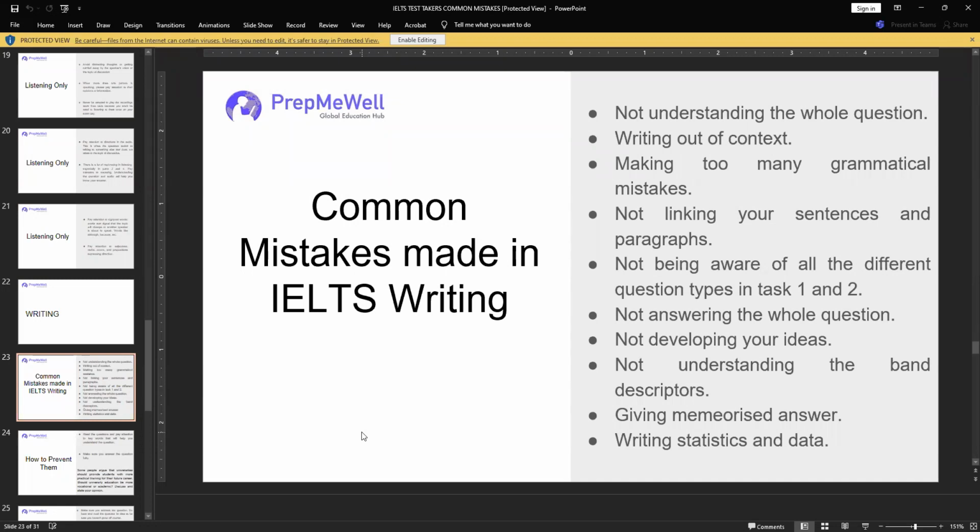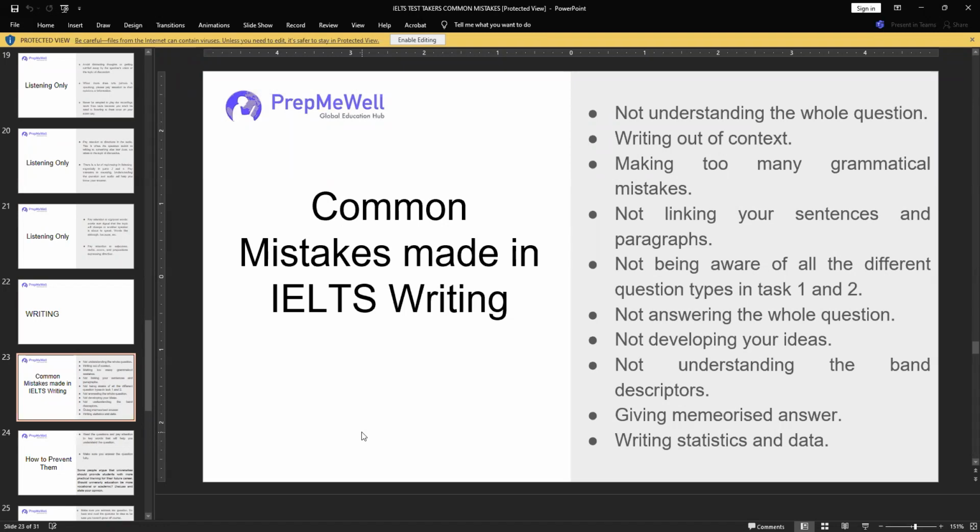If the question asks you, discuss both views and give your opinion, and you only discuss the two views and you did not give your opinion, you have not fully answered the question, right? Let me use, do you agree or disagree. If you end up talking about the topic generally, and you did not talk about whether you agree or disagree, you have not fully answered the question.